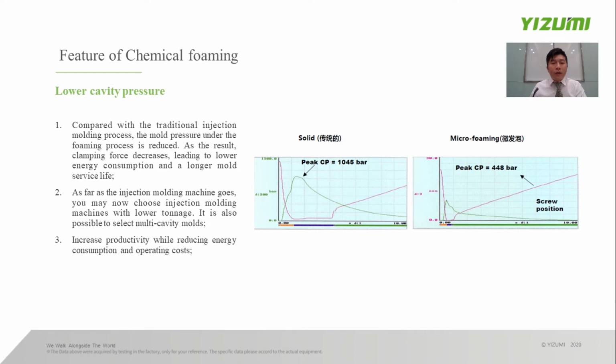In other words, for the same part, we can apply the chemical forming process with a lower tonnage machine compared to the conventional injection molding process. Additionally, it will reduce the energy consumption and the operating cost.